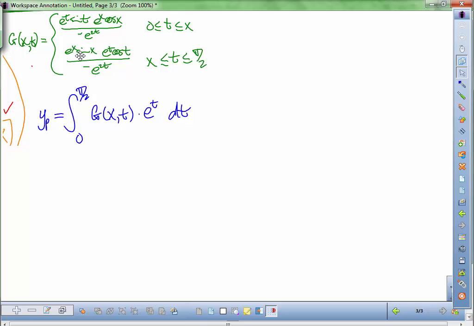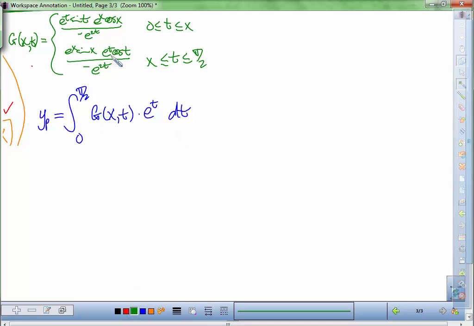So here's our continuation. Here's our integral that we need to do. I think before we actually just put it in, there's some simplification that can happen here. Let's rewrite our Green's function. We should have done this on the previous page. We have the e to the t, so this will end up being a negative.